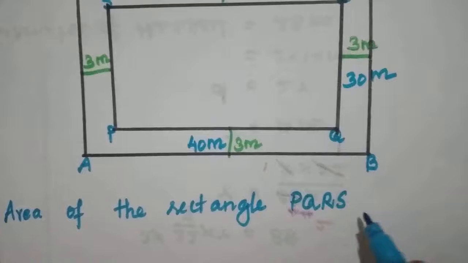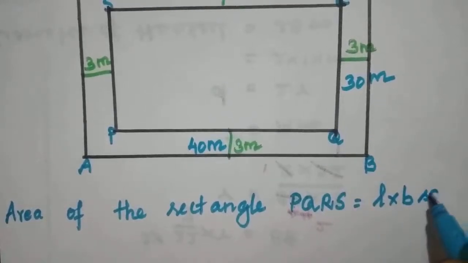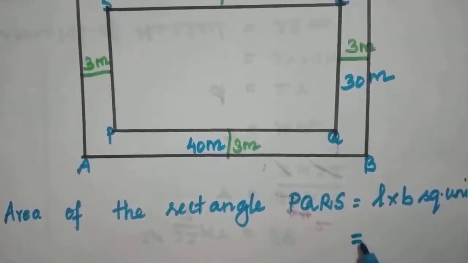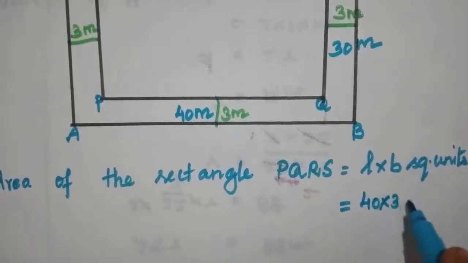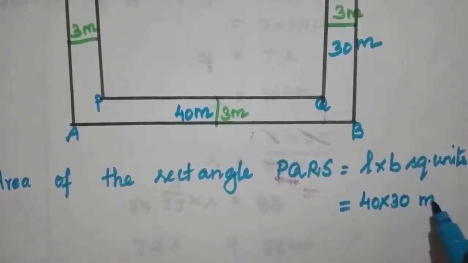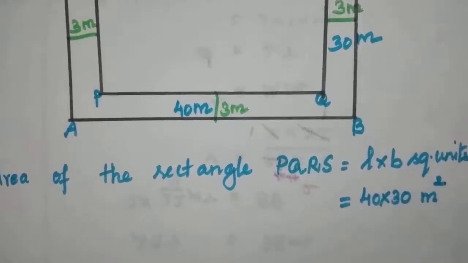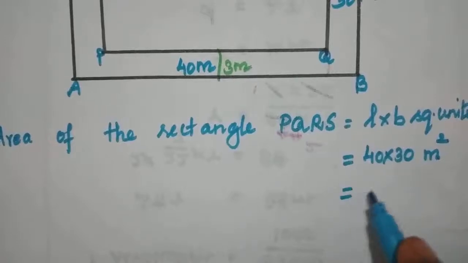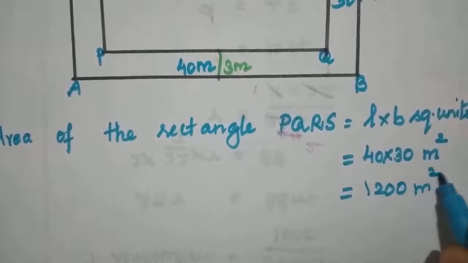Yes, area of the rectangle is equal to L into B square units, which is equal to 40 into 30. Here the unit is meter. It is square units, no? So you have to write it as meter square. What will be the answer? Yes, which is equal to 1200 meter square.